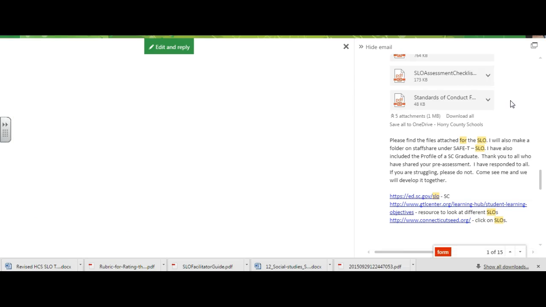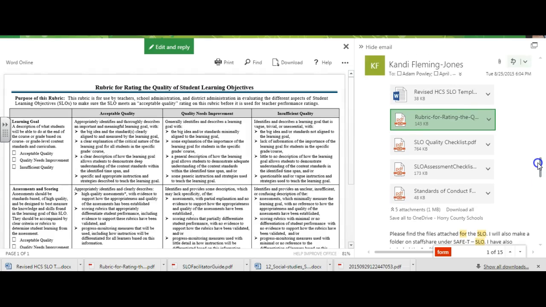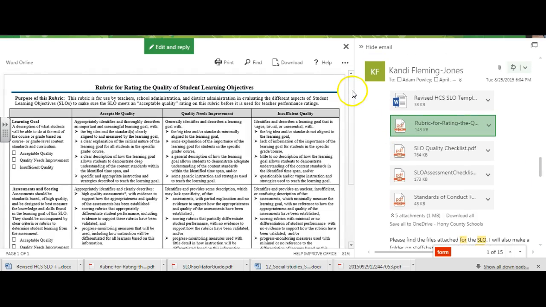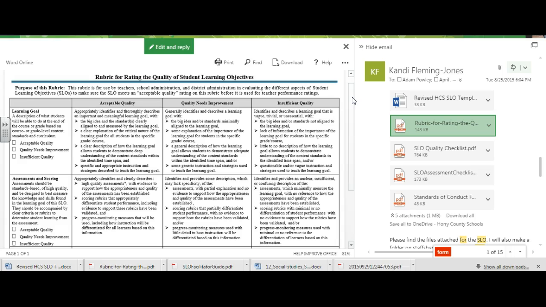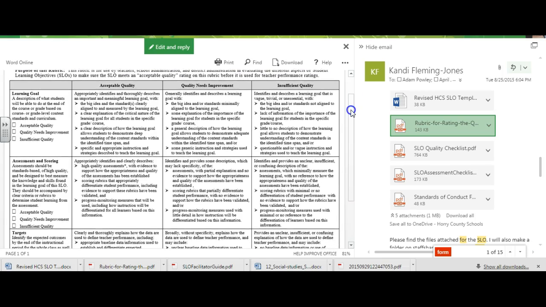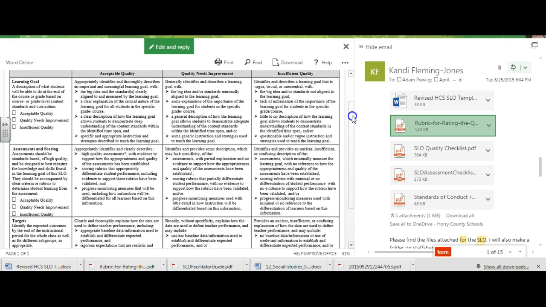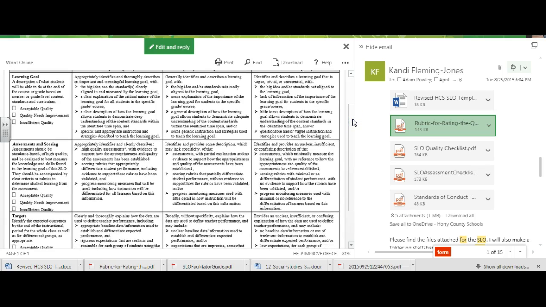We're going to look at the rubric here. This is the rubric that will be used to assess your SLO. So it's important for you to actually look over it and make sure you understand that properly. It matches up with everything that I've discussed already, but I'll just do a quick scan of that.